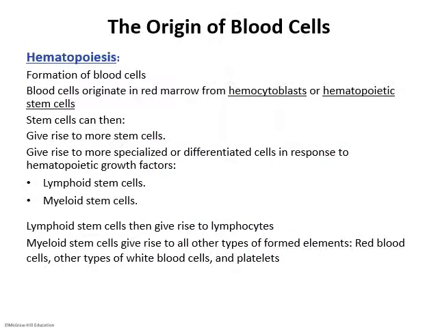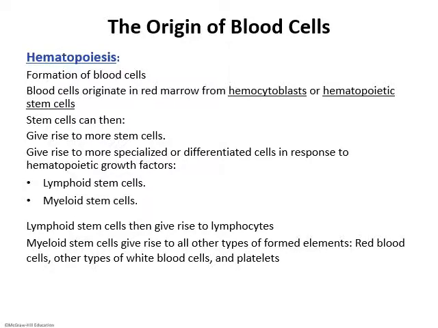So as we said, the origin of blood cells, they all come from the initial hematopoietic stem cell, and the process of creating new blood cells is known as hematopoiesis. The hematopoietic stem cells can give rise to either a lymphoid stem cell or a myeloid stem cell, but they can also copy themselves to create more hematopoietic stem cells.